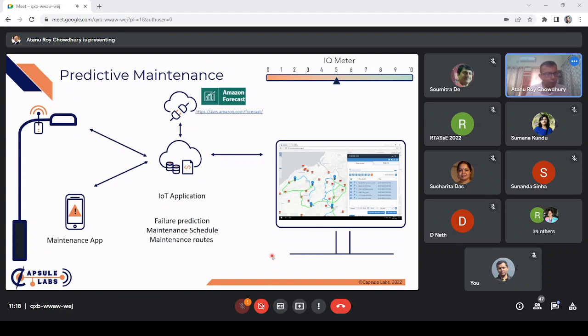And as part of my algorithm, I can factor in the distance, the salary of the people who are involved, and the cost of diesel in going from one side to the other. So I can have a multi-parameter optimization with respect to identifying these maintenance routes, right?